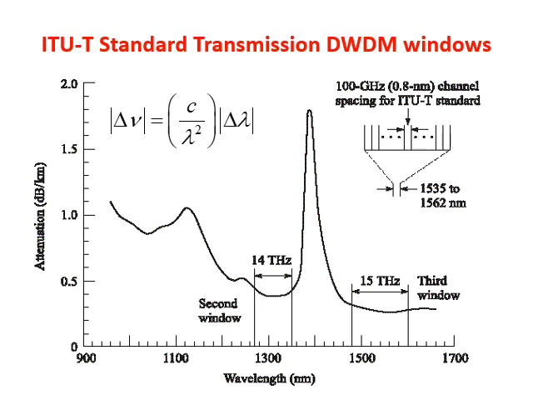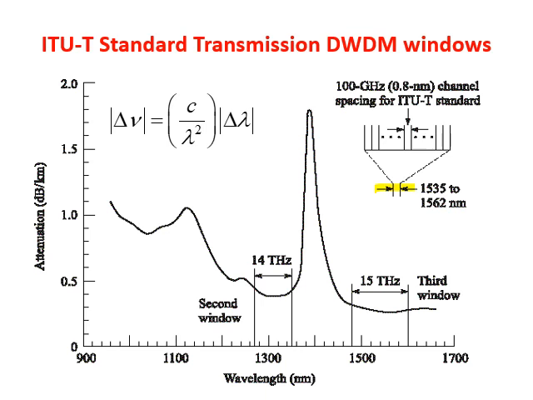This is what I mentioned earlier about the telecommunication standard and how they defined it with respect to WDM. This particular diagram is specifically defined for the standard transmission window for DWDM. As you can see, we can take the 100 gigahertz channel spacing for ITU-T standards, and the range can be 1535 to 1562 nanometers.